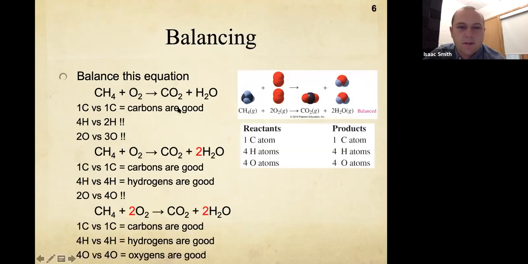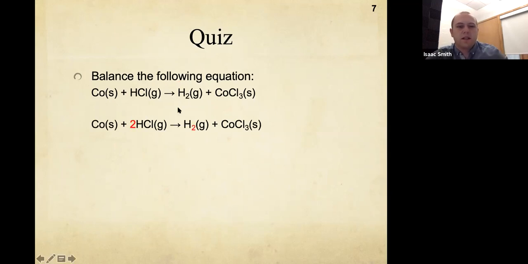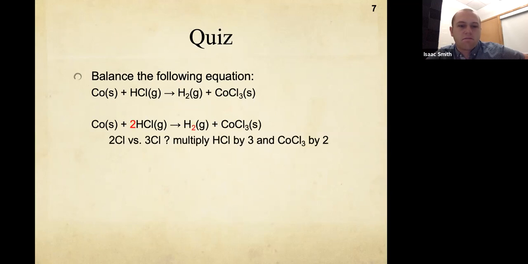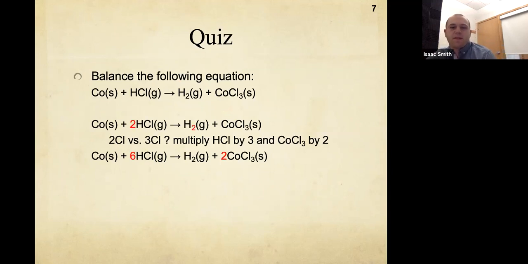Okay, let me get rid of my writing and we can see what the PowerPoint has for us. Okay, so this doubled the HCl's. Let's see, I'm trying to follow this. Okay, so basically, at that point, after doubling the hydrochloric acids, there's 2 chlorides and 3 chlorides over here.